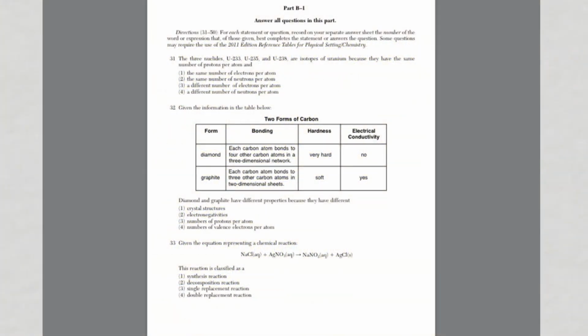So let's take a look at Part B-1 of the January 2019 Chemistry Regents Exam. Now I broke it up into Part A and Part B-1 for a reason, because Part B-1 now with the Chem Regents we have questions 31 through 50.